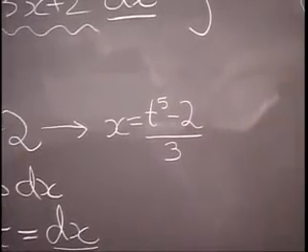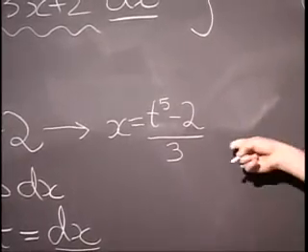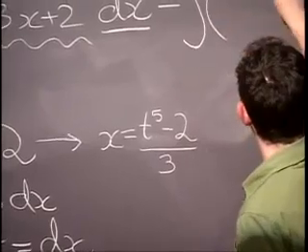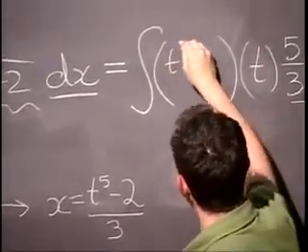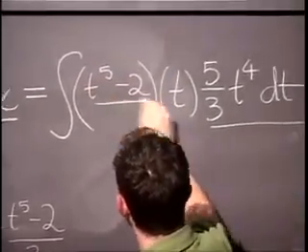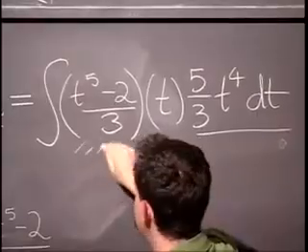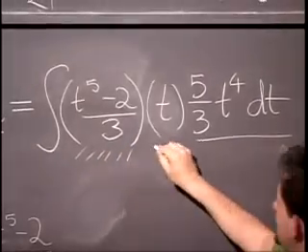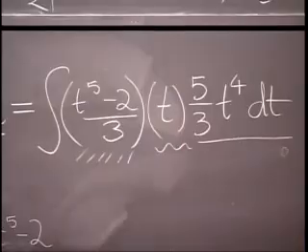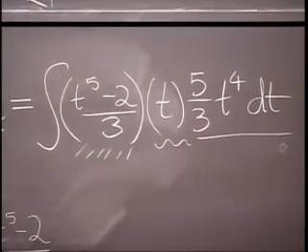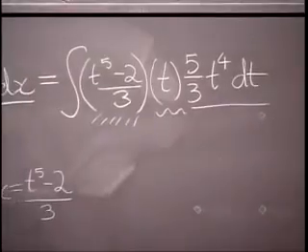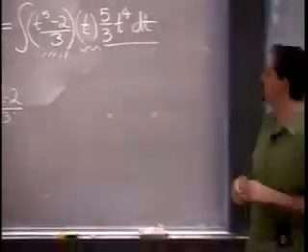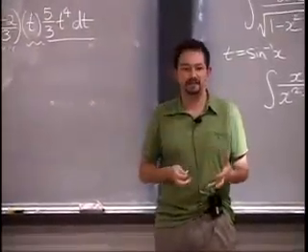So I propose to put that up in here, t to the 5 minus 2 divided by 3. You don't have to put those wiggly lines and little dashes. I'm just putting that in for your reference here. So you can see how each piece of the ingredients in this soup moves over from x-land to t-land.